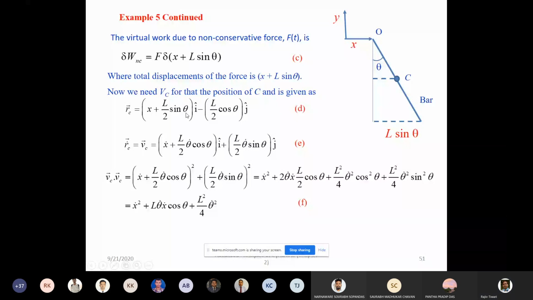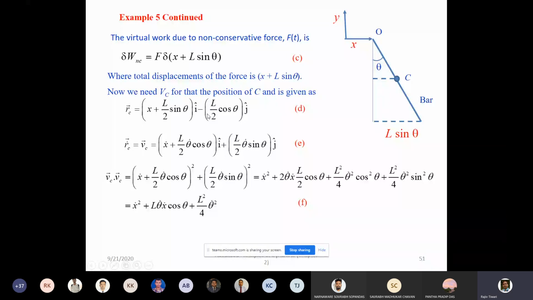Now the y component. What is the position of the center of gravity? So that is L by 2 cos theta. This is the position of the center of gravity. And because y is in the upward direction, this is negative as we have chosen. So this is the position of the C in the chosen coordinate system.